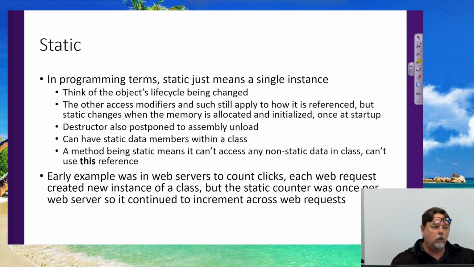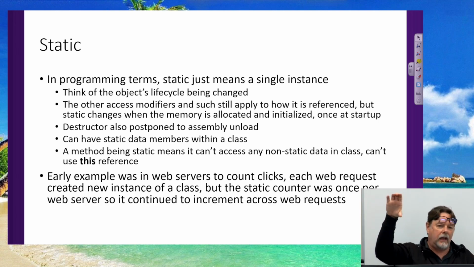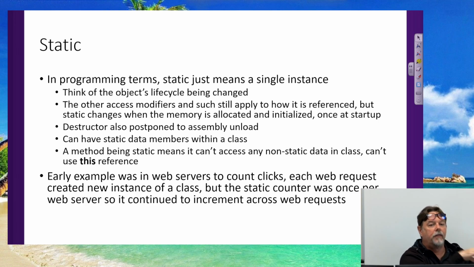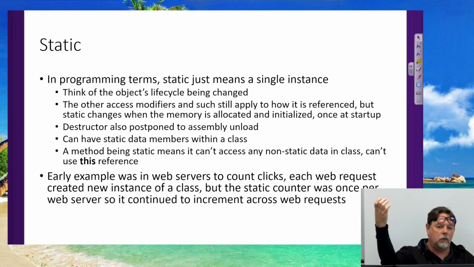All right, well, when you create a new instance of a class, memory gets allocated. How much memory? Well, exactly enough memory as defined by the fields or variables that are defined inside that class. Make sense? If you have an int and a float and a string and a bunch of variables, if you add up the size of all of those variables inside that class, that's how much memory gets allocated when you create a new instance of that class.